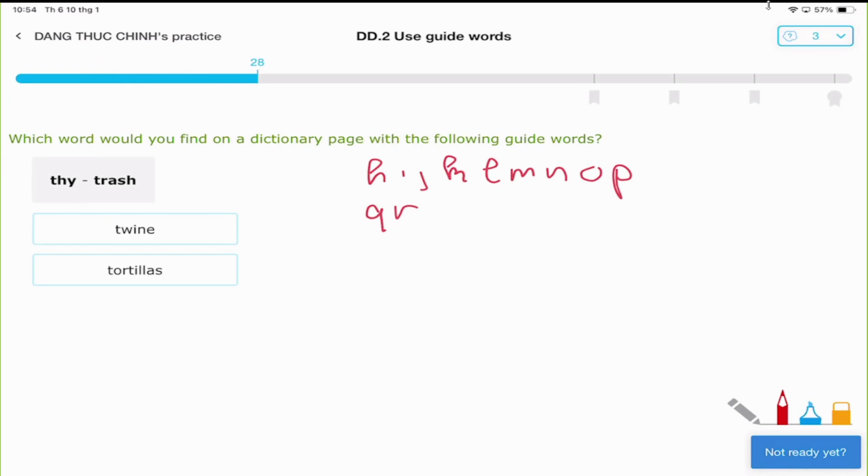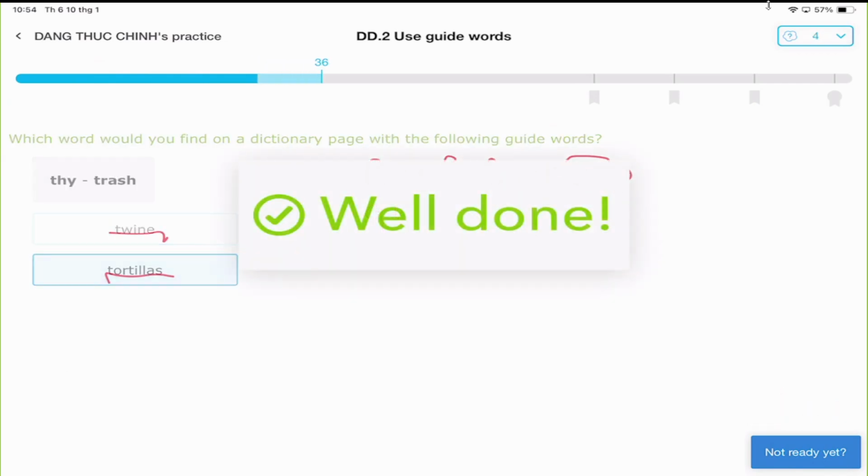Which word would be found on a dictionary page, twins or tortoise? Twins definitely comes after R. And O is definitely here, so tortoise.